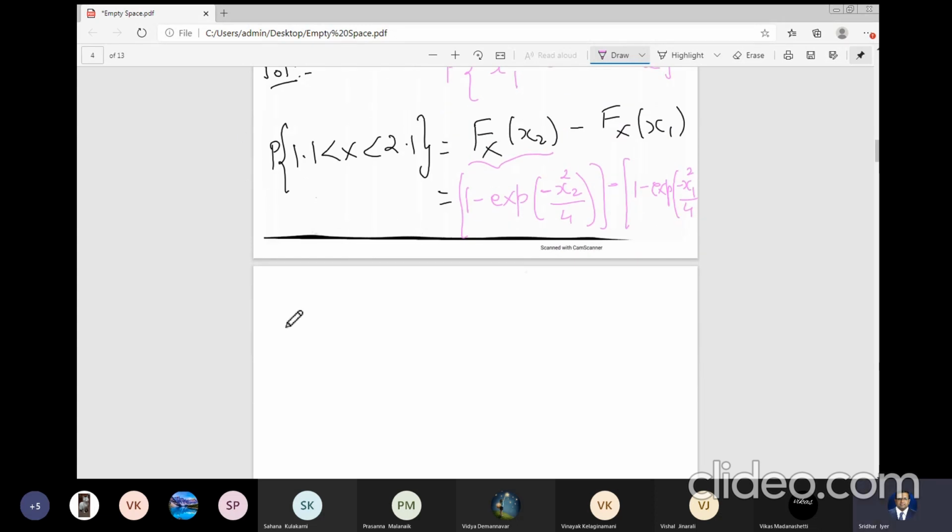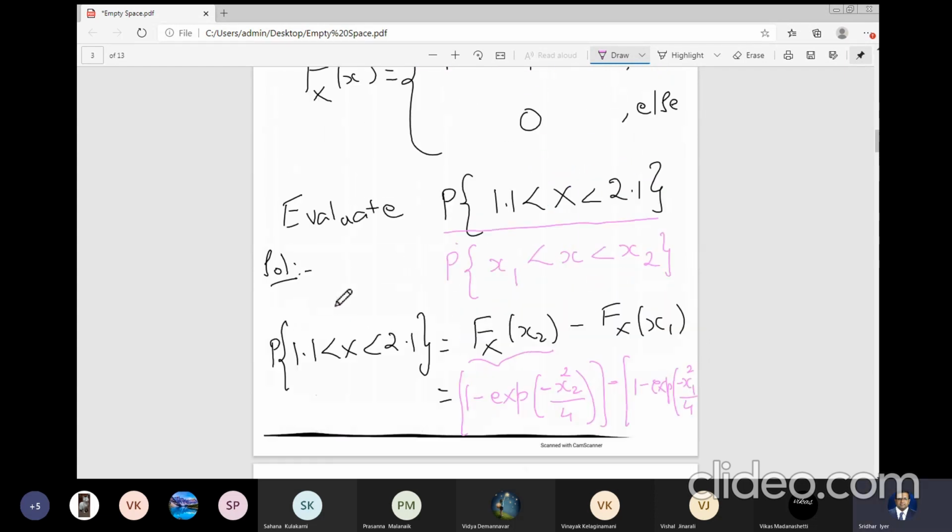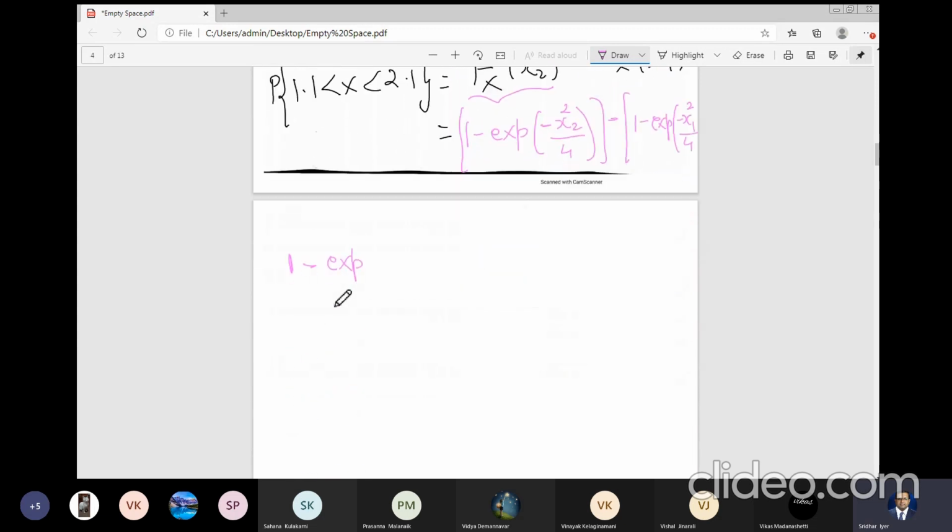Therefore, now I can write this as 1 minus exponent. Now what is the value of x2? The value of x2 is 2.1. So you'll have 1 minus exponent of minus 2.1 square by 4, minus 1 minus exponent. Now what is x1? x1 is 1.1. So minus exponent minus 1.1 square divided by 4.